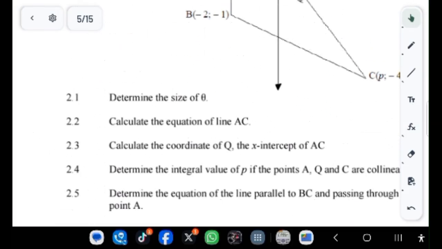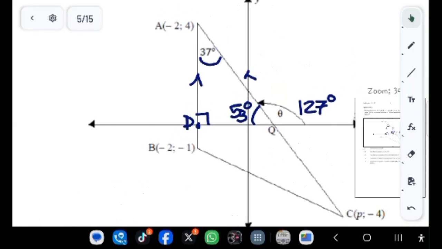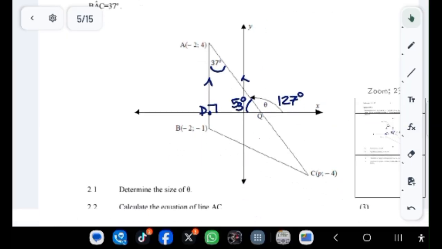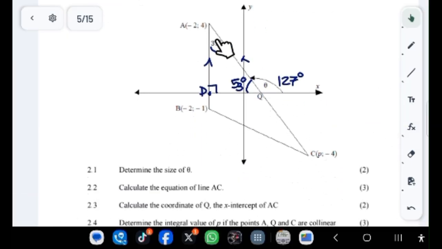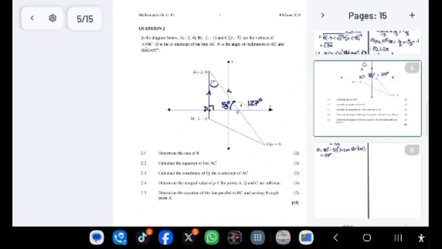Calculate the equation of line AC. Now that we've got the angle theta, we can use that to find the equation of the straight line AC, meaning that we can find the gradient. That is 2.2.